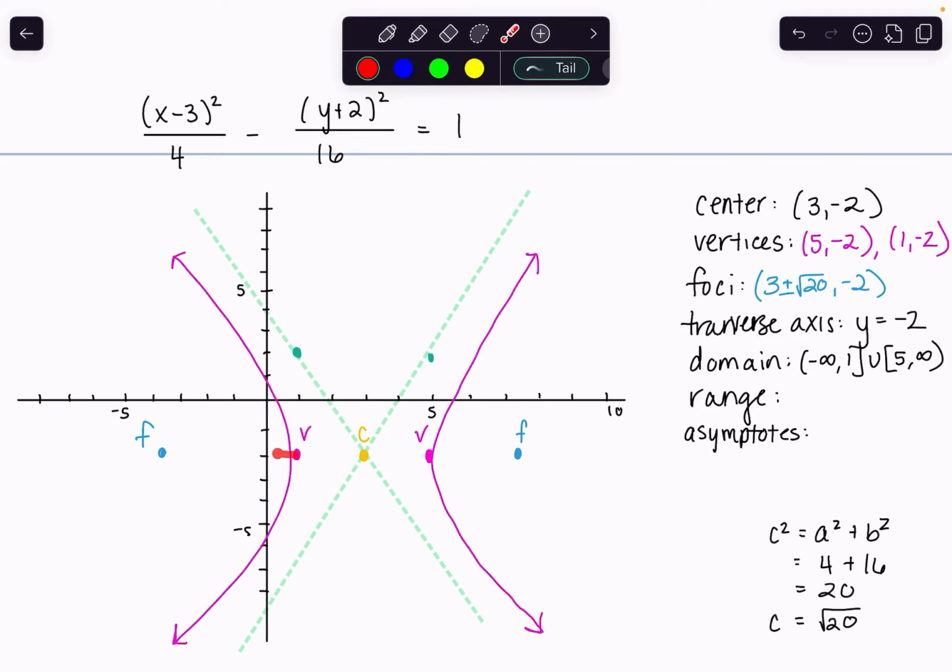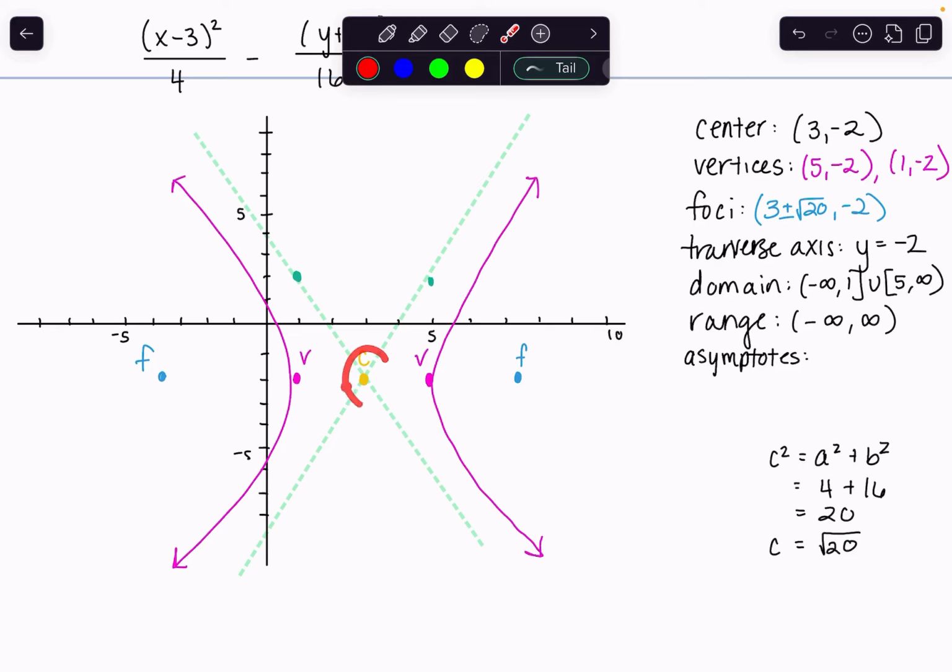So again, these x values are -infinity to 1, and then from 5 onward to infinity. Then we also want the range, but because these hyperbola pieces go up and down forever, the range is really nice. That's -infinity to +infinity.